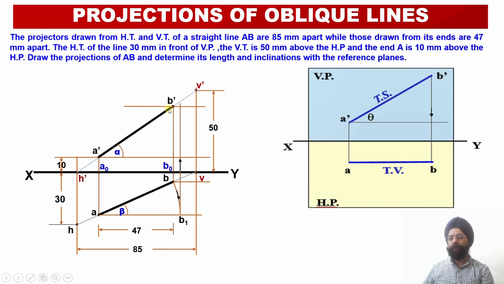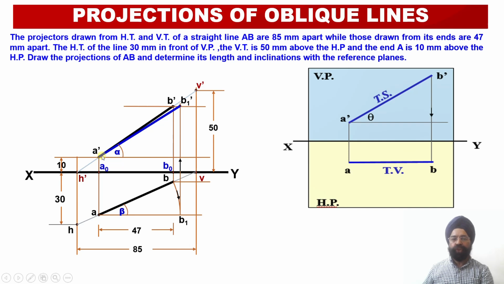Once we obtain this point of intersection, point B1 dash will be located, and this point B1 dash represents the second point corresponding to the true length of the line, which is projected as a true length in the front view.